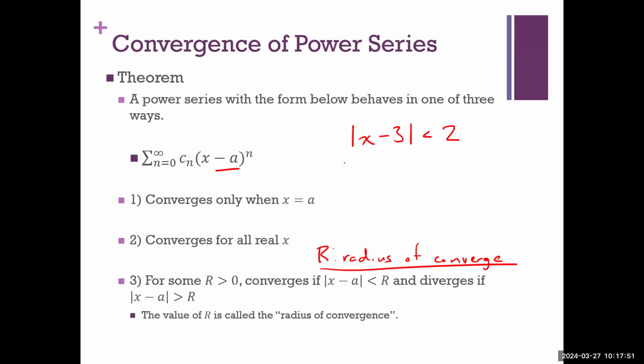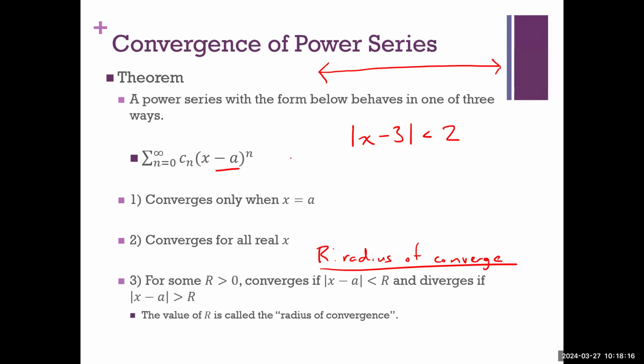So we can unpack this a little bit. If I say the absolute value of X minus 3 is less than 2, can I reinterpret that somehow? Can I rewrite that without absolute values? One way to think about this is, the absolute value of something tells you how far away it is from 0.